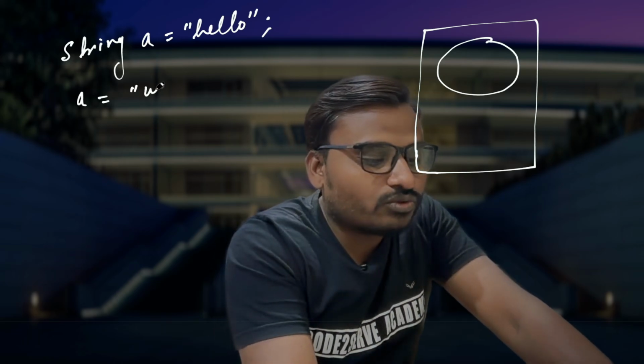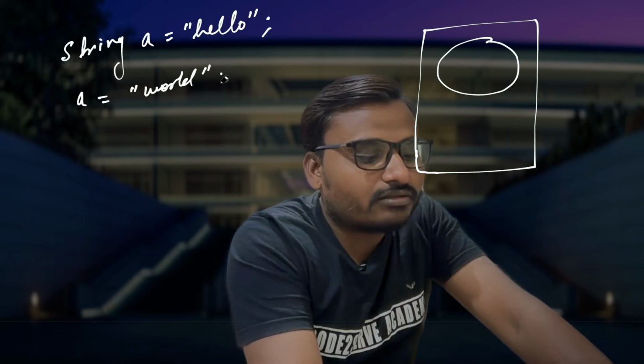Now if I say string a is equals to hello, okay, right? Now directly after declaring, I say a is equals to world, right? So previously it was hello, now it has changed to world.